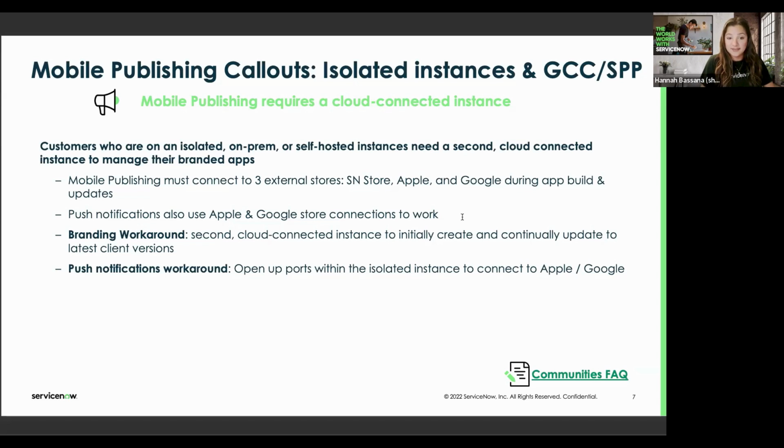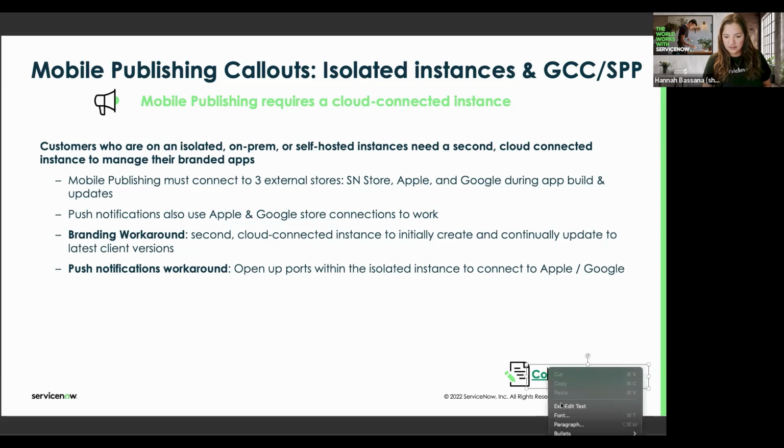So on your isolated or on-prem or often federal instance, you won't be able to use push notifications. Now we have a workaround, and that's, like I said, you would purchase from ServiceNow a second cloud connected instance to initially create and continually update to your latest client versions. And we have a push notification workaround as well.